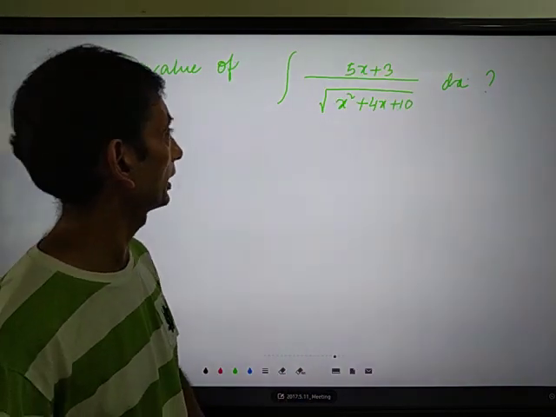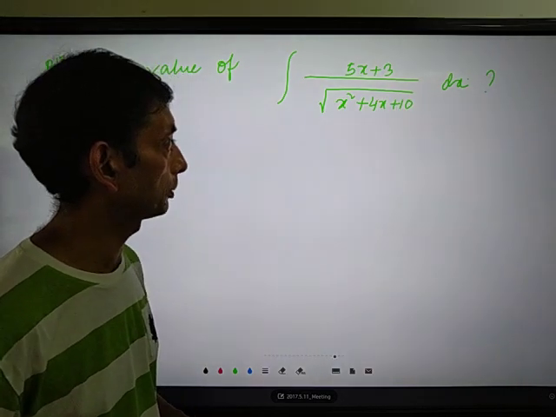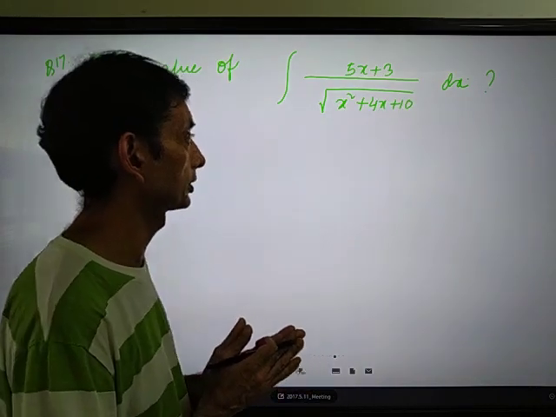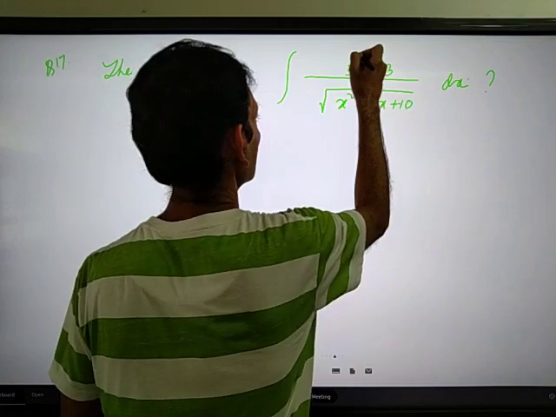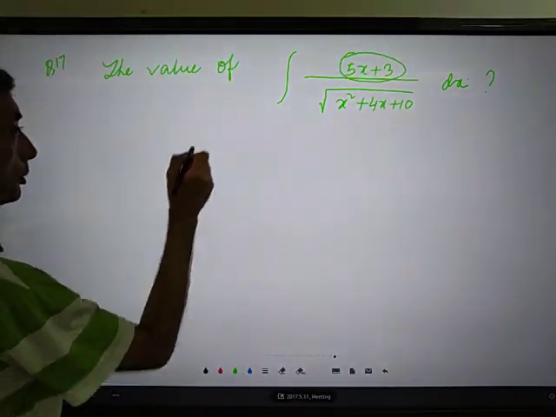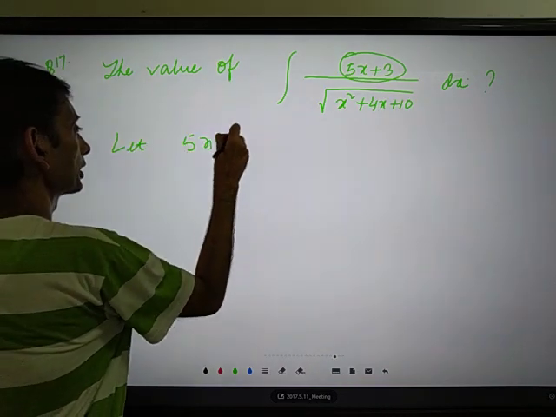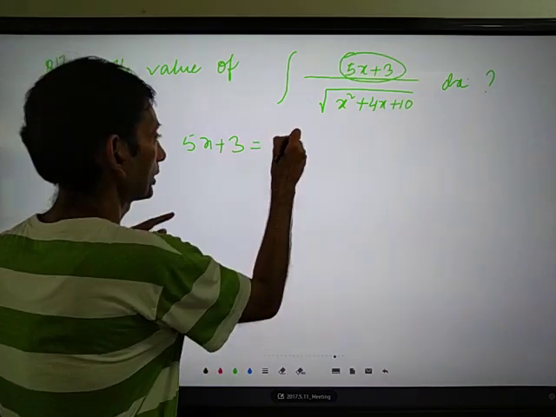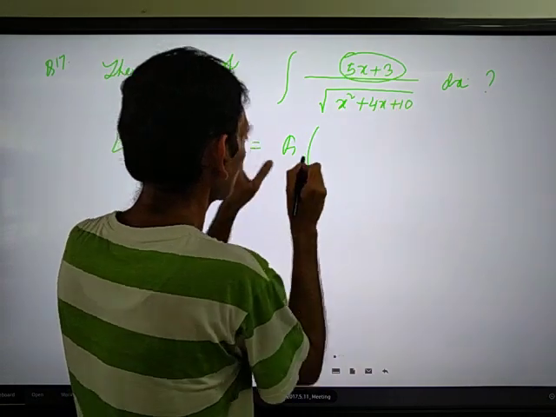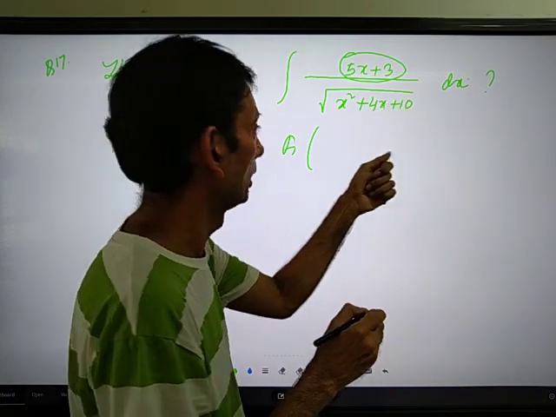That is, the value of the integration of 5x plus 3 over the square root of x square plus 4x plus 10 dx. So how to integrate these functions? To integrate these functions, first of all, we write the numerator in the form of 5x plus 3 equals a times the derivative of the polynomial x square plus 4x plus 10, which is 2x plus 4, plus b, where a is a constant.